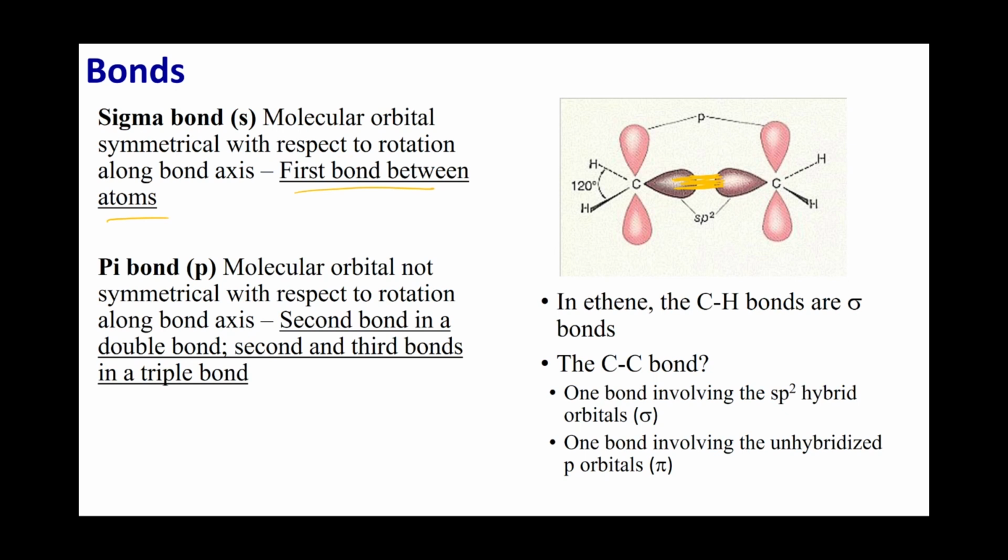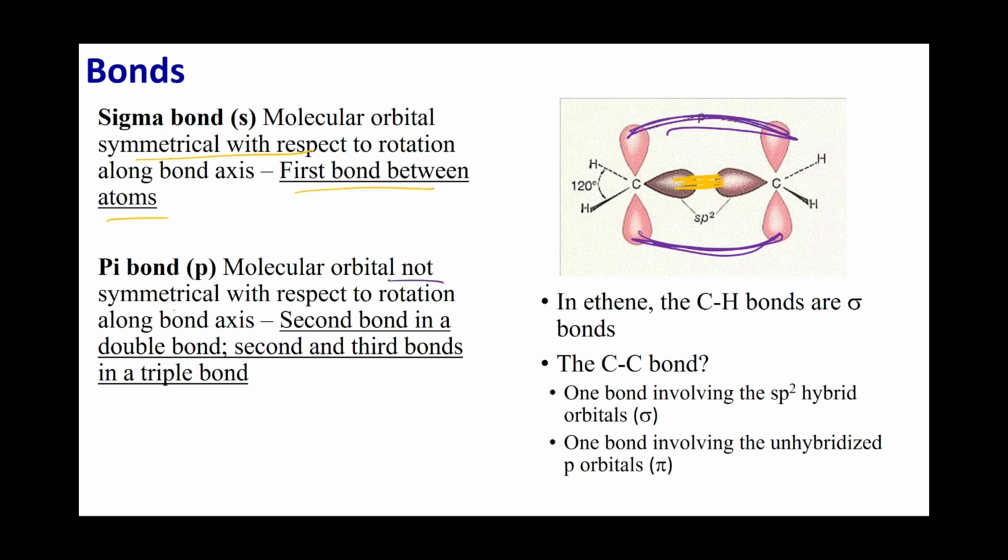And a sigma bond is symmetrical with the axis of rotation. That means that I can have rotation around a sigma bond. Now, the other overlap that I had was between these two p orbitals. So in purple is the second bond in the double bond.